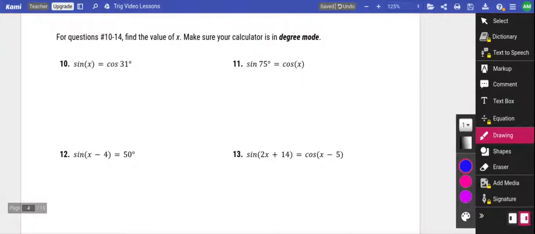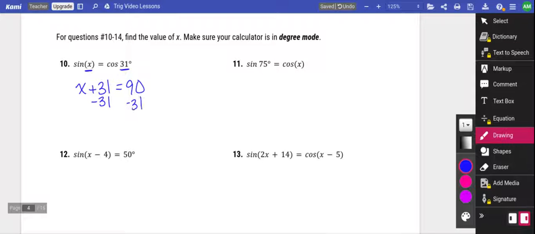Now we're going to determine the value of x. If the sine of x is equal to the cosine of 31, how are we going to determine what x is? Well, we just said up top that these two angles should add up to 90. So that means that I can take x, add 31, and set that equal to 90.